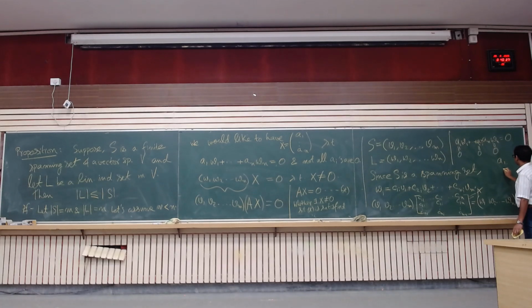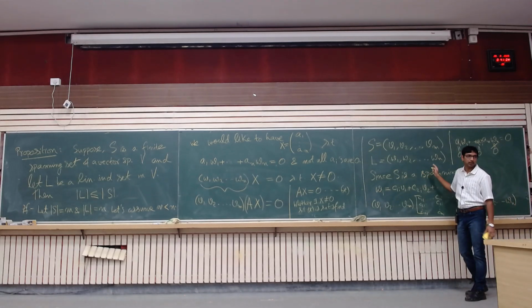That satisfies the hypothesis that not all the coefficients are 0. So a1 to an, if you take this as a tuple, is not equal to 0 because the last one is non-zero. But you are putting all the other coefficients to 0, and this vector wn itself is 0. So you are getting a non-trivial linear combination, that is, not all the coefficients are 0, but on the right hand side you are getting 0. That's not allowed for a linearly independent set. So that's why none of the elements here is equal to 0.